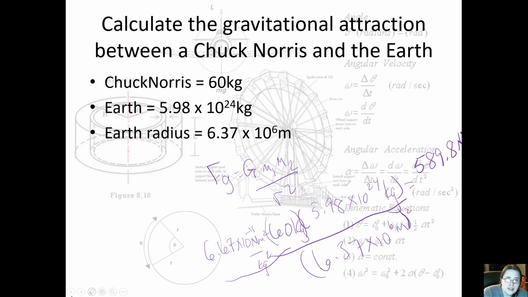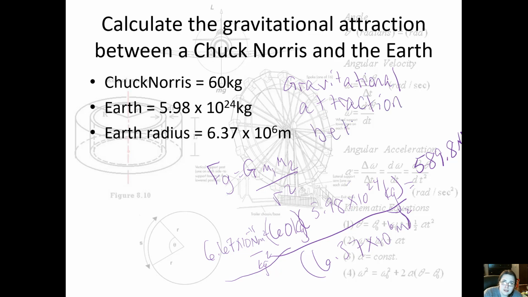So what that tells us is that there is a gravitational attraction between any two objects. It's actually between all objects, but we usually deal with just two objects at a time to make it simpler.